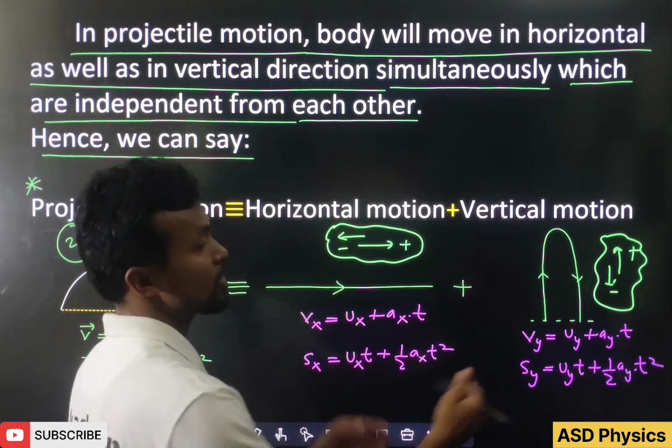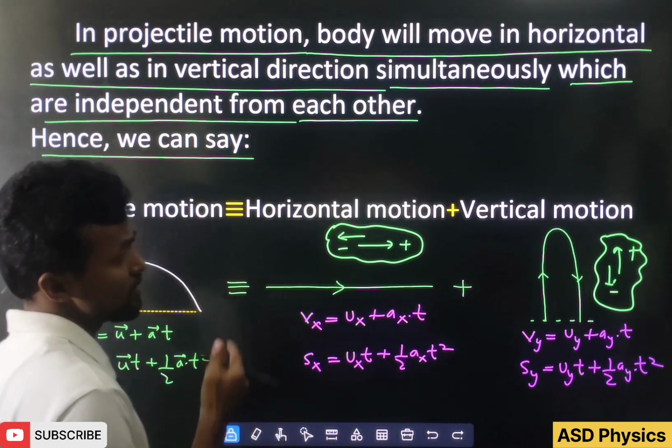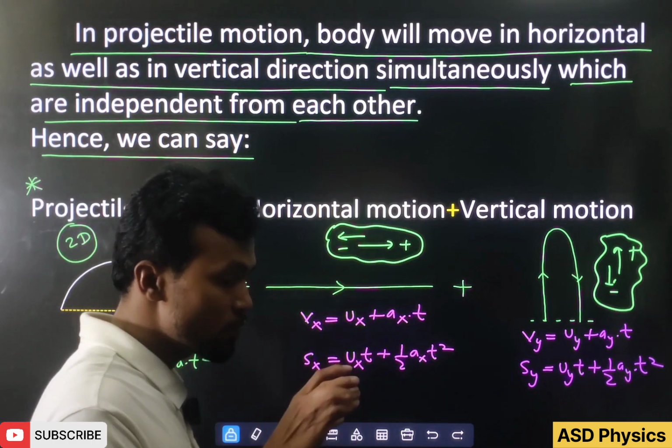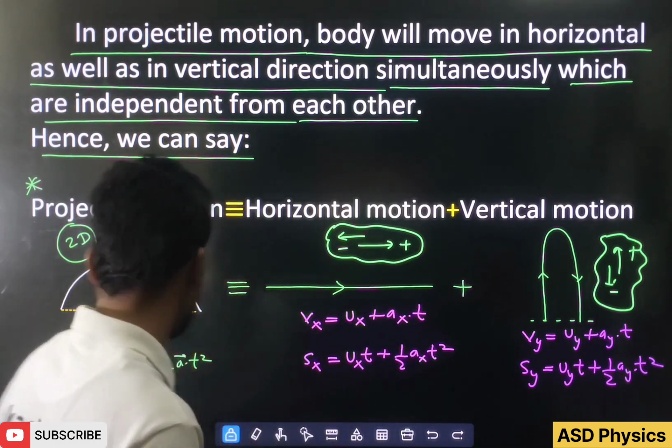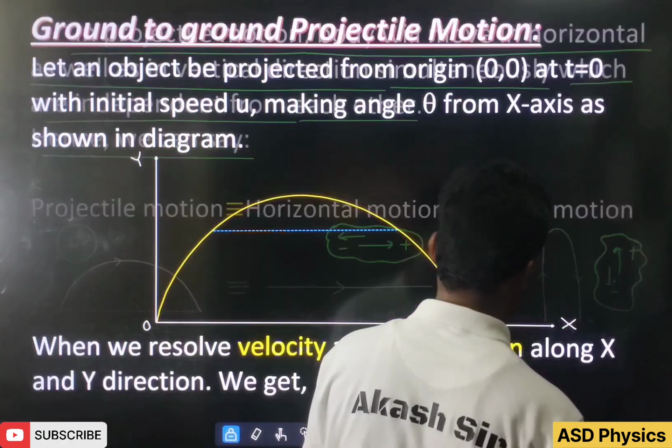And x and y will not mix up. That's why we can say this projectile motion is a superposition of two motions. That means this 2D motion is the superposition of two 1D motions. So I think, students, this basic is very, very clear to you. After that, we'll move to the next one.